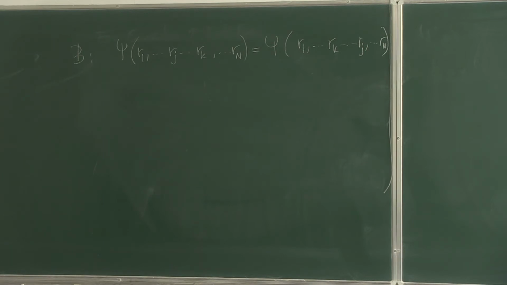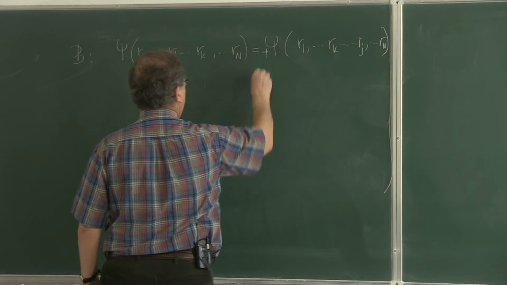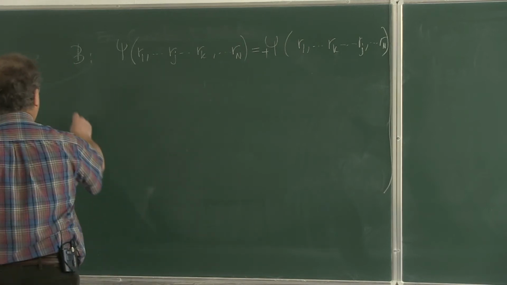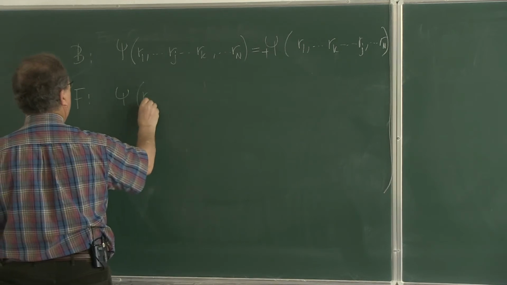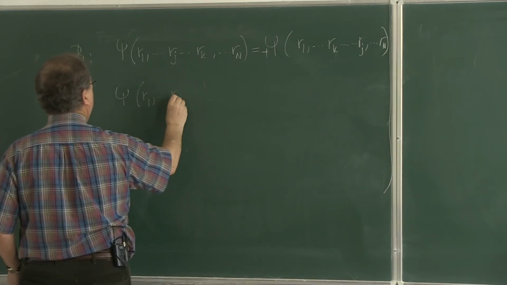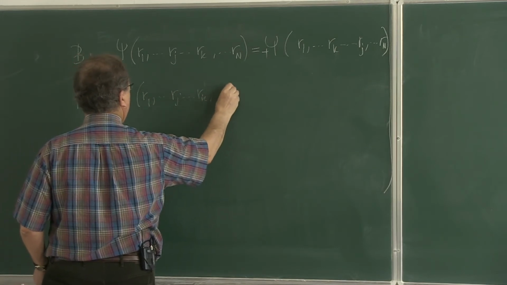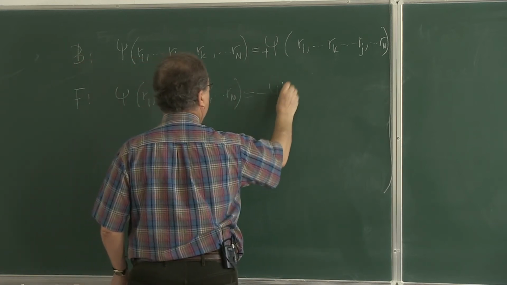Interchange two particles. Will the sign change? No, of course. If this is plus, you have bosons. Now, if you have fermions, in the fermionic case, if you do this interchange, you have to have a minus sign in front.